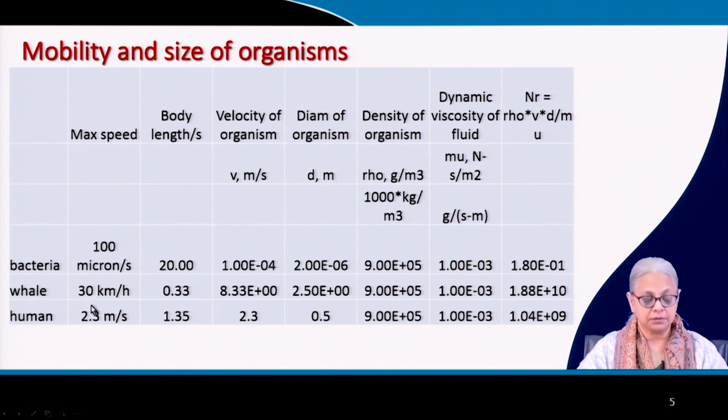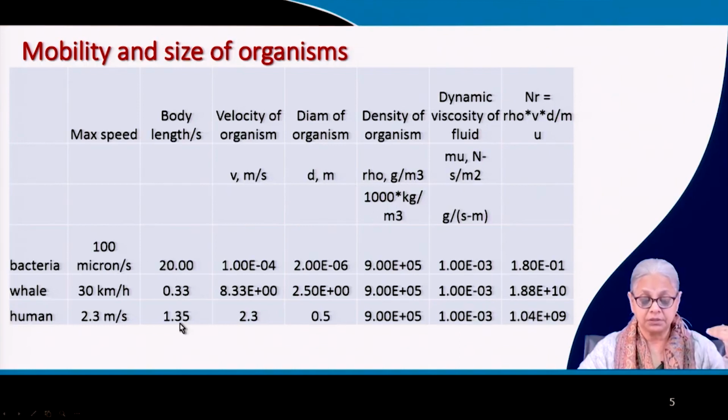For a whale, it's 30 kilometers per hour, and for a human being, it's 2.3 meters per second. I can convert that to body length because I know the length of the organism. If I want to compare how fast these organisms move, you can see that the bacteria is moving 20 body lengths per second.